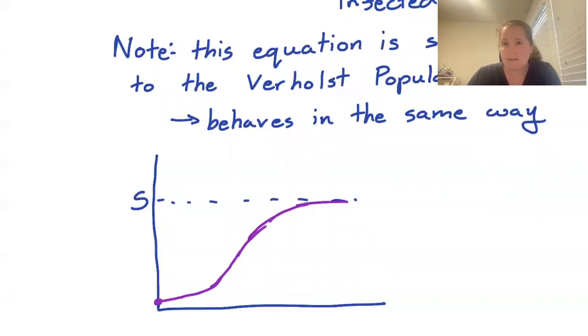Now, technically, the differential equation would allow us to have solutions that start with more people infected than S, but that wouldn't really make sense. So whatever time we're starting with, our solutions will level off as they approach S. More people can't become infected than are susceptible to getting the disease.